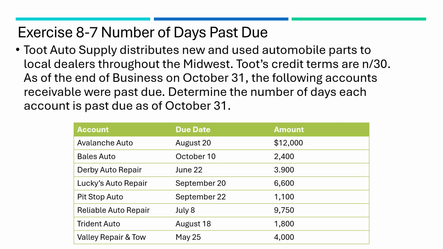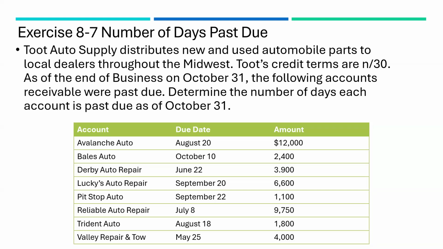Now, when calculating the number of days past due, the credit terms are net 30, which means that the account is due 30 days after the invoice date. And so there are 3 different dates that can be involved, right?